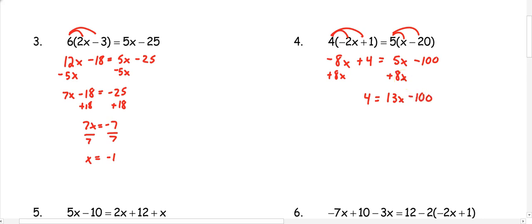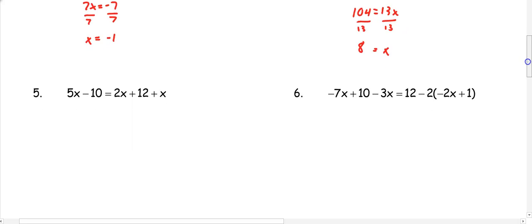We can add 100 to both sides. So we get 104 equals 13x. And we can divide both sides by 13. And we get x equals 8.